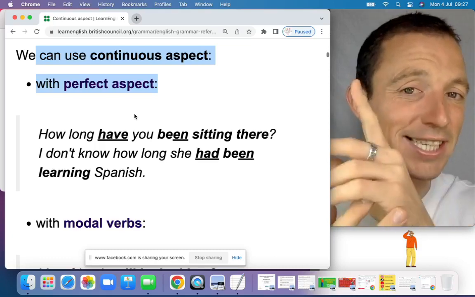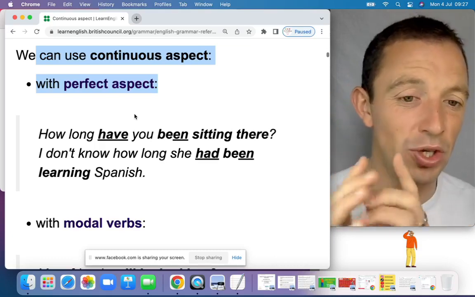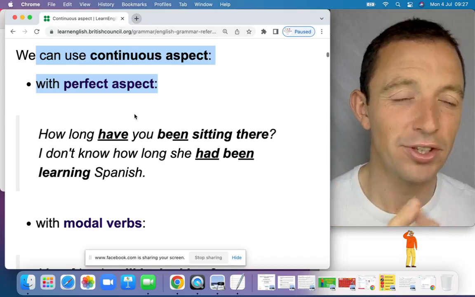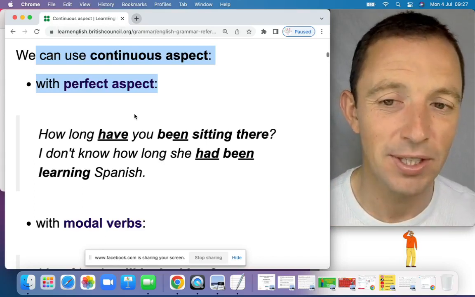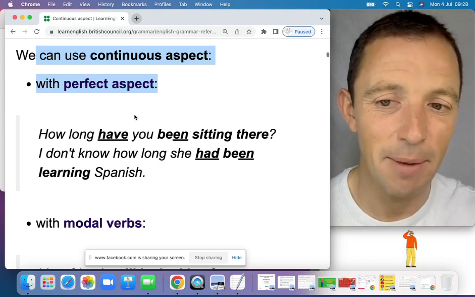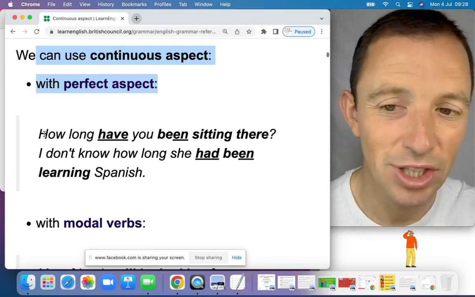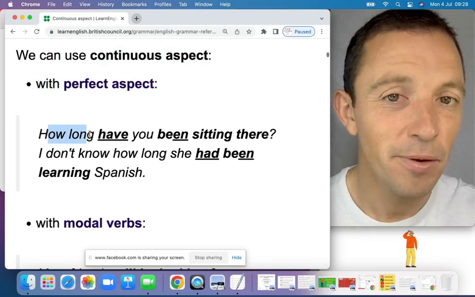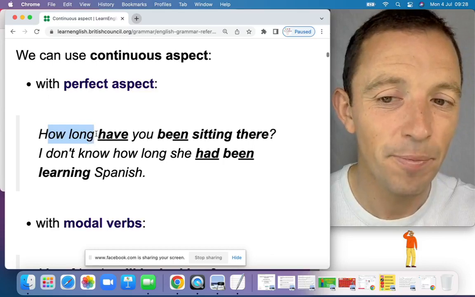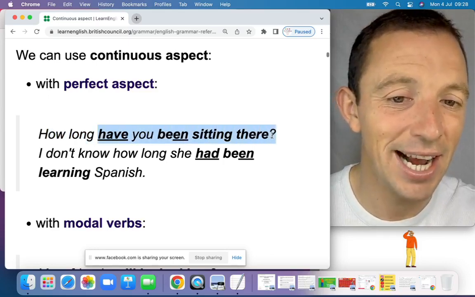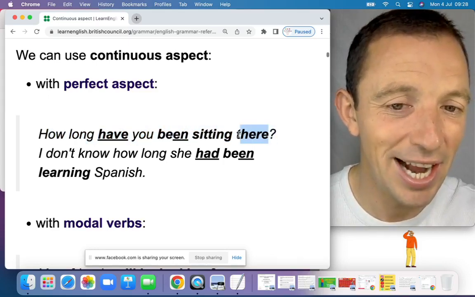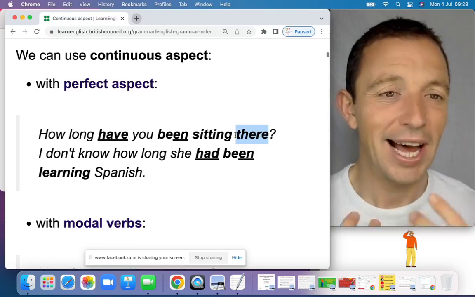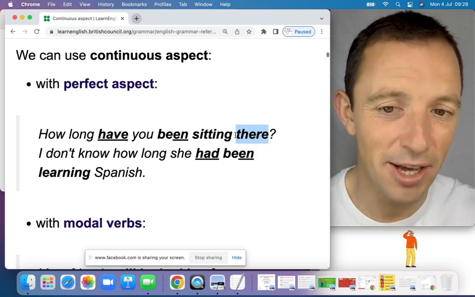So we have already seen a couple of examples using the perfect plus the continuous, and this is more or less the same. So first question, how long, for how much time, how long have you been sitting there? So this is a question. There is the specific location, and the question is how long, how much time.